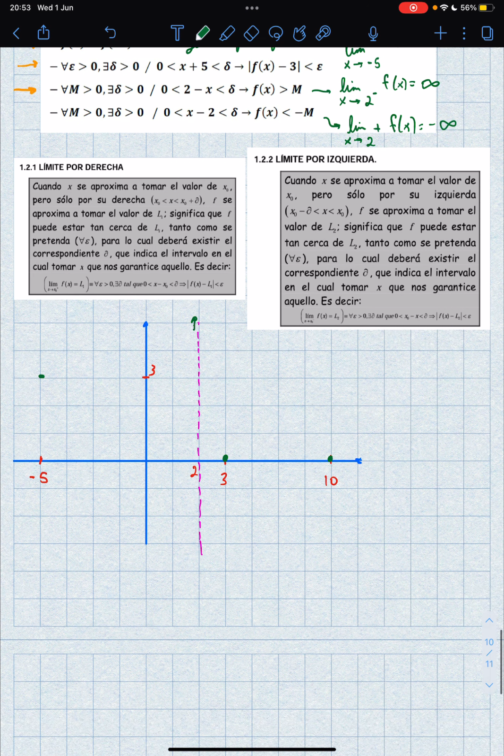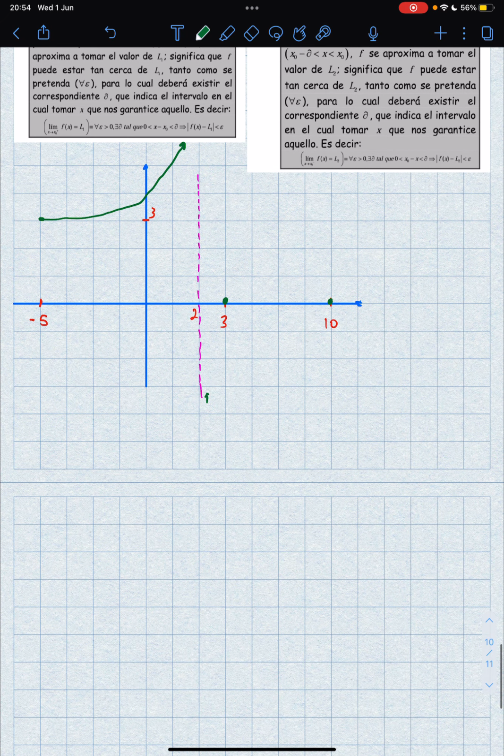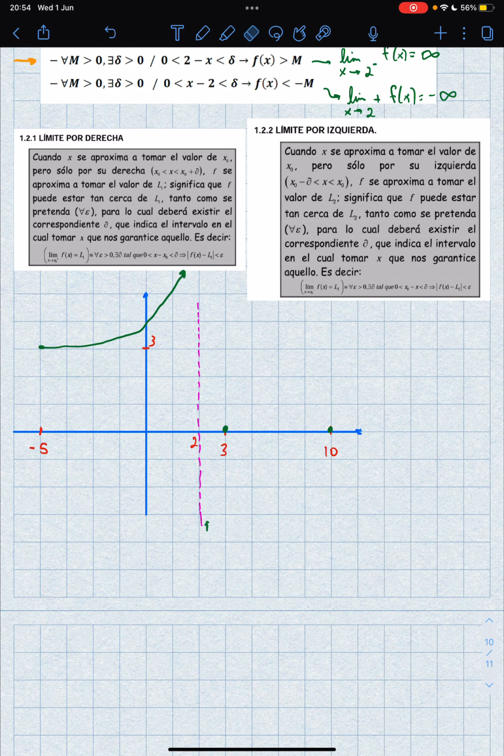And when it goes from the right, it goes to minus infinite. Something like that. So I can do something like this. In the end, it doesn't matter. It goes like here, up, and then I know that it should be here. So it's going to be like this, and needs to go this way.